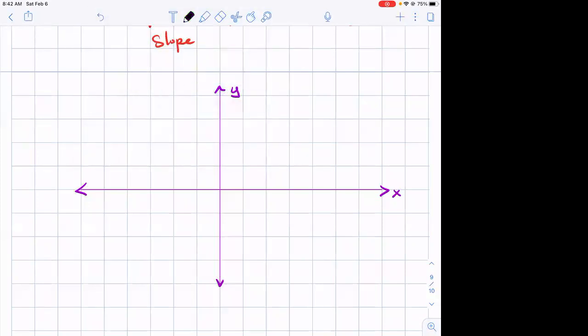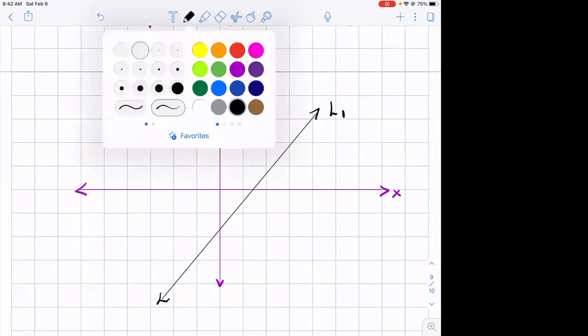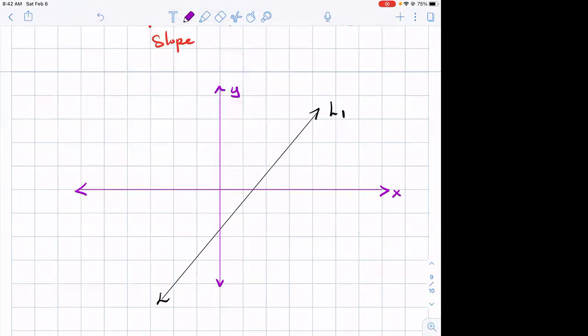So let's say I have this line here, let's call this line 1, and let's say I have another line.